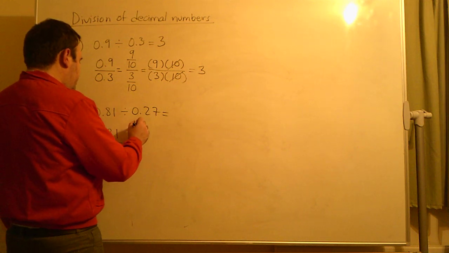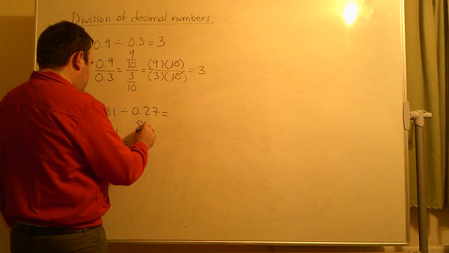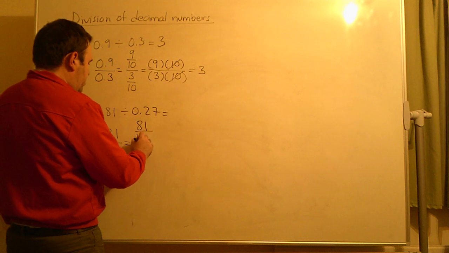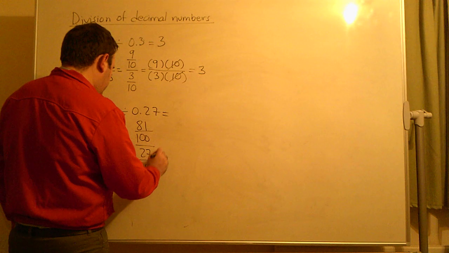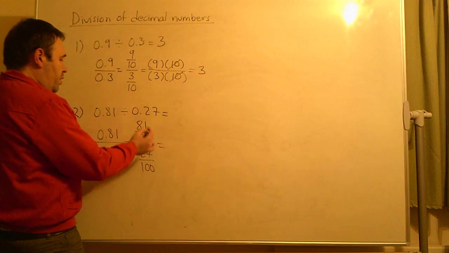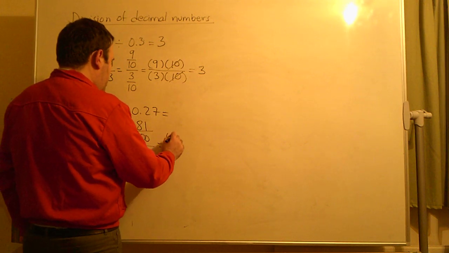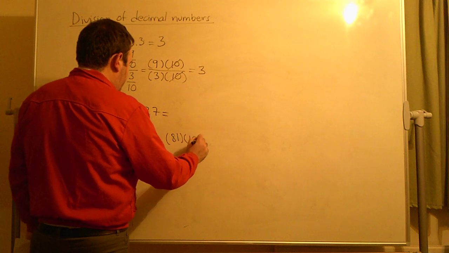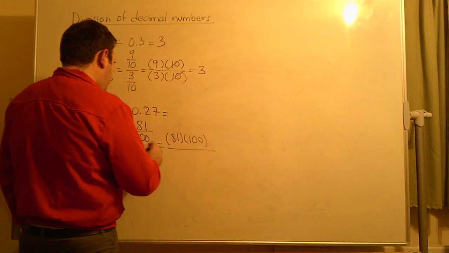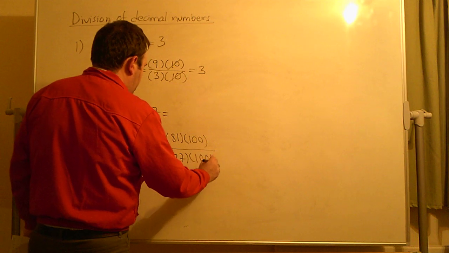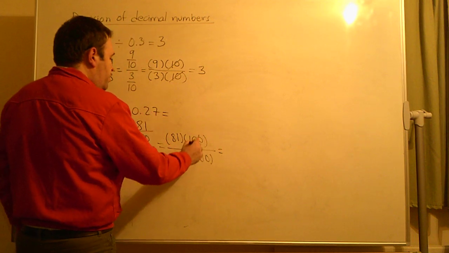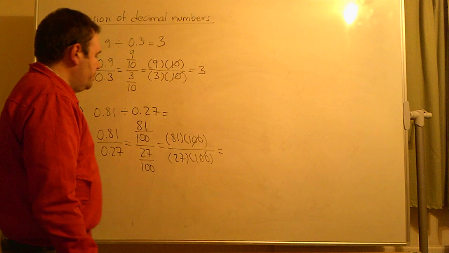So we express this as a decimal fraction, so it will be 81 hundredths divided by 27 hundredths. And now we multiply the extremes, so we will have 81 times 100, and then 27 times 100. Now 100 divided by 100 is 1.